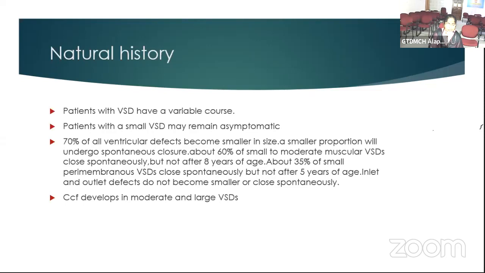About 60% of small to moderate muscular VSDs close spontaneously, but not after 8 years. As the age advances, the rate of closure decreases. About 35% of small perimembranous VSDs close spontaneously, but not after 5 years of age. Inlet and outlet defects do not become smaller or close spontaneously.